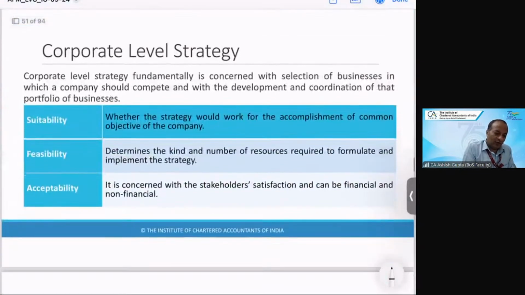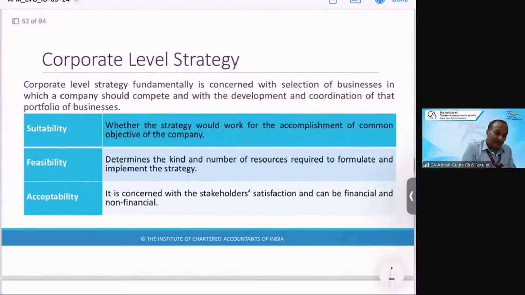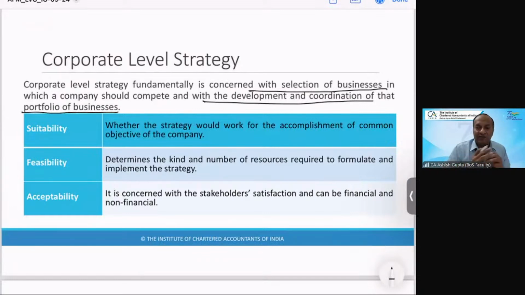When I talk about the corporate level, it is where overall, say for a group like ITC, which may have different kinds of businesses, they may have an overall strategy like we have to increase our profit, etc.